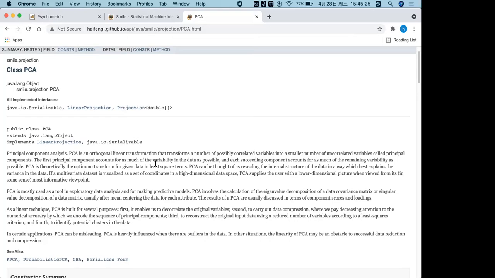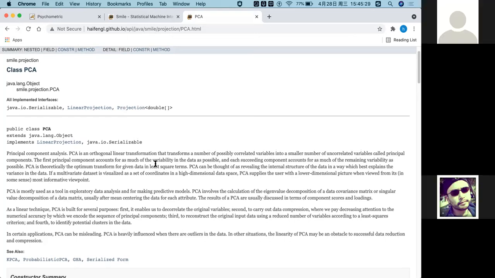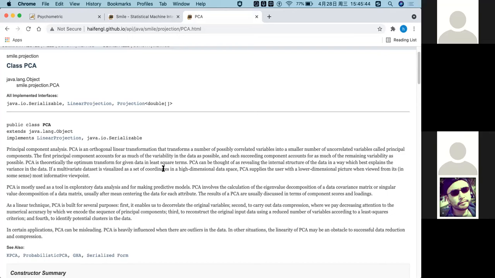How do you calculate PCA? How do you calculate PCA?